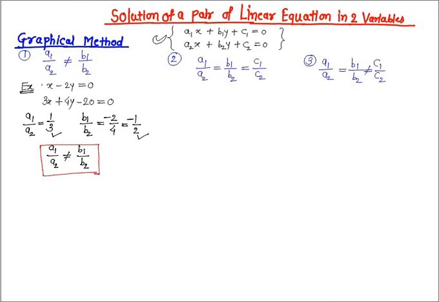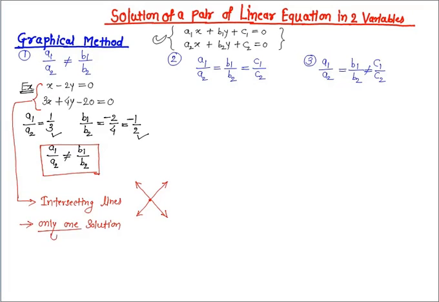So, for these two linear equations, the graph will be two lines intersecting each other at one point. The graph will be intersecting lines like this. The two lines intersecting at one point. And in this case, the pair of equations will have only one solution.